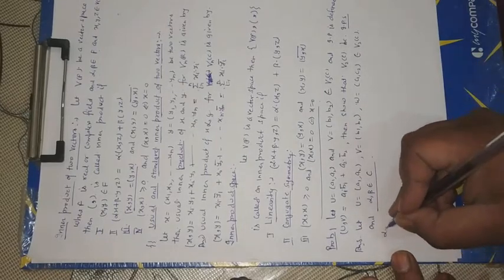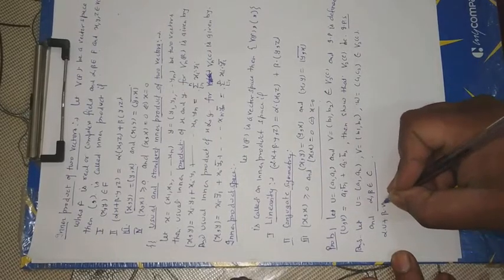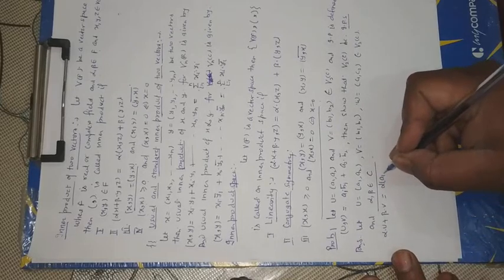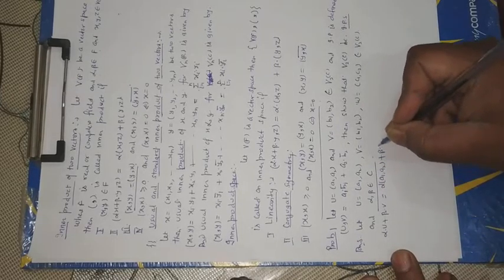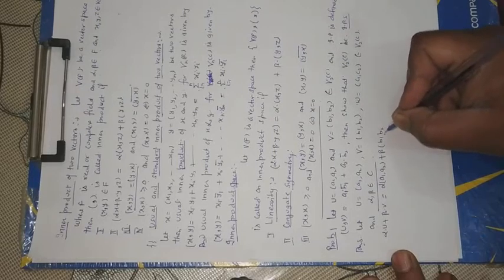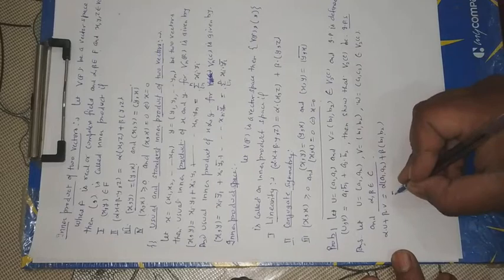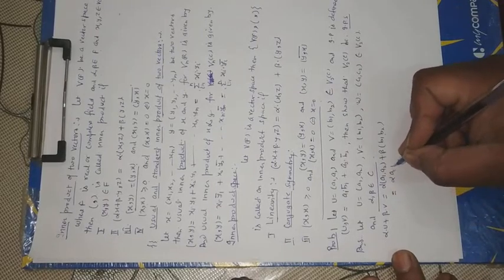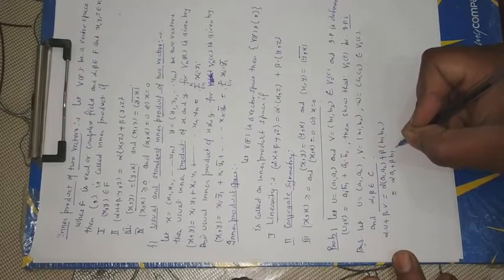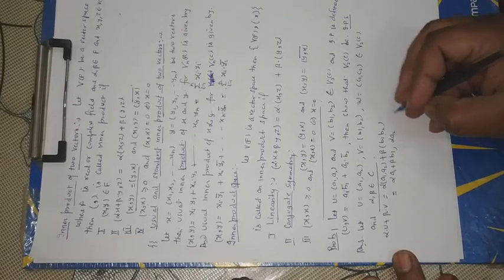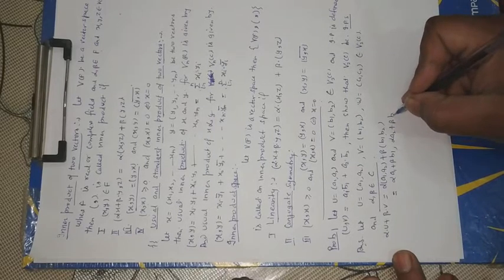Therefore, alpha into u plus beta into v can be written as alpha (a1, a2) plus beta (b1, b2). Now it can be written as (alpha a1 plus beta b1, alpha a2 plus beta b2).